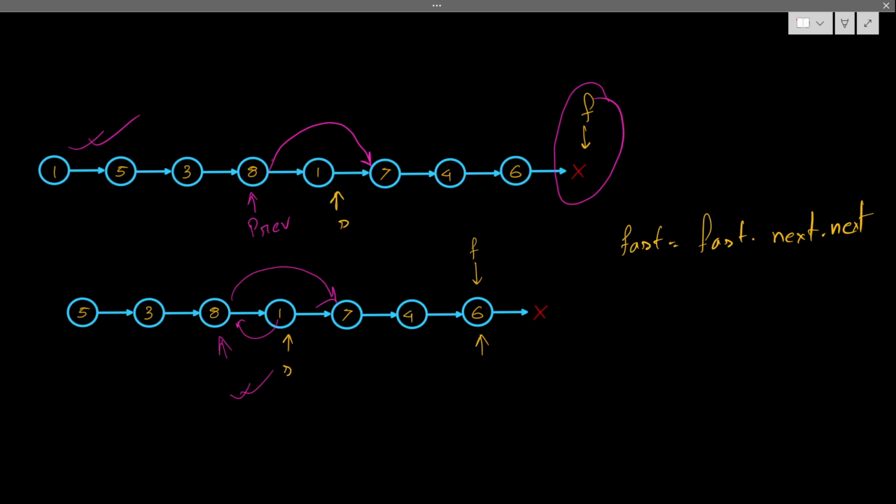So I need another pointer, previous. The previous pointer will simply point to the previous node of the slow pointer. Then previous.next, what is it pointing to? It will point to slow.next. Simple. Okay.